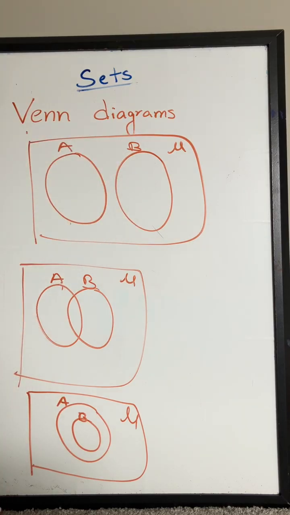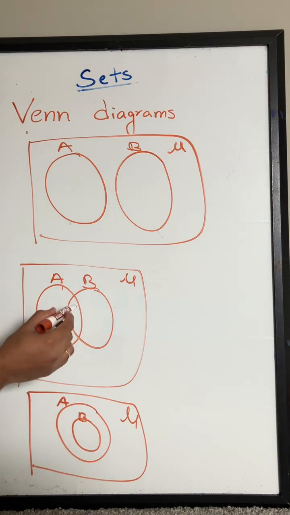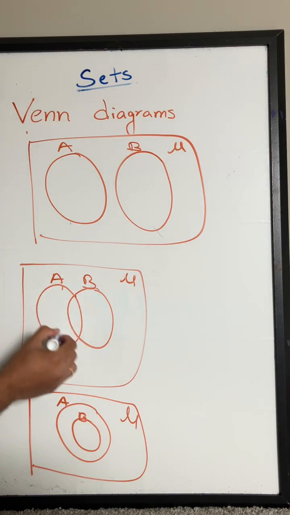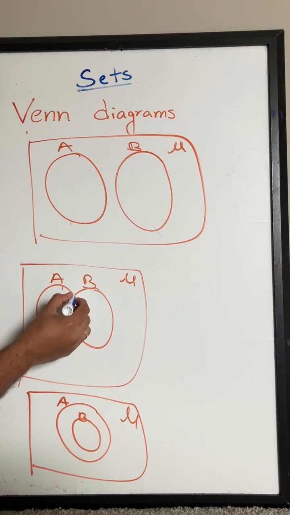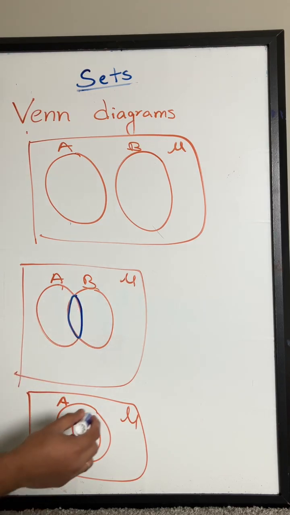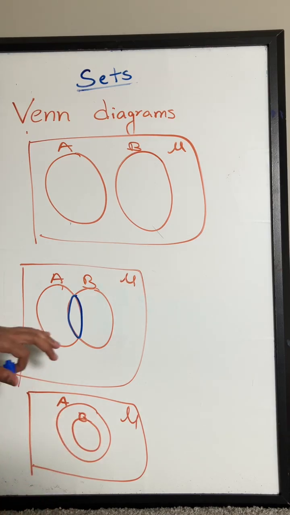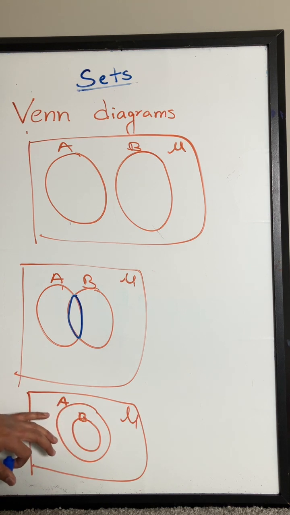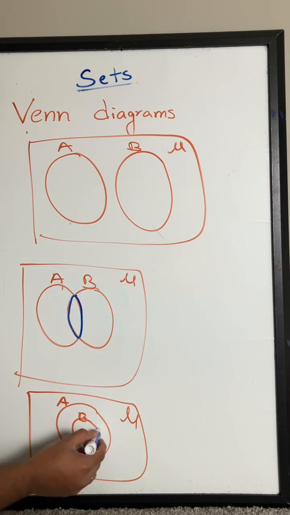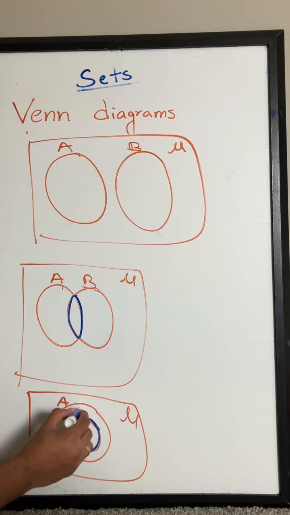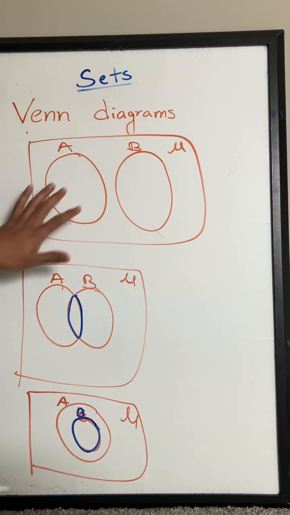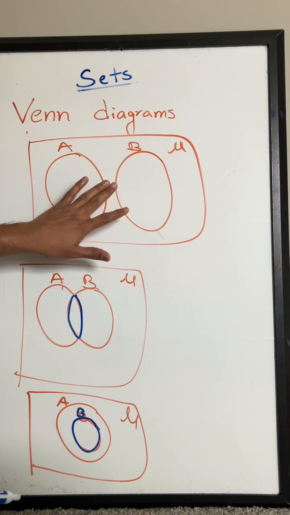If they have common stamps, we need to have some common area. To represent the common area, we draw two circles touching each other with a common space like this. When one is totally inside the other, whatever B has, A is also having all those things, then we push B into the circle A. So two circles not touching when they don't have any common things.